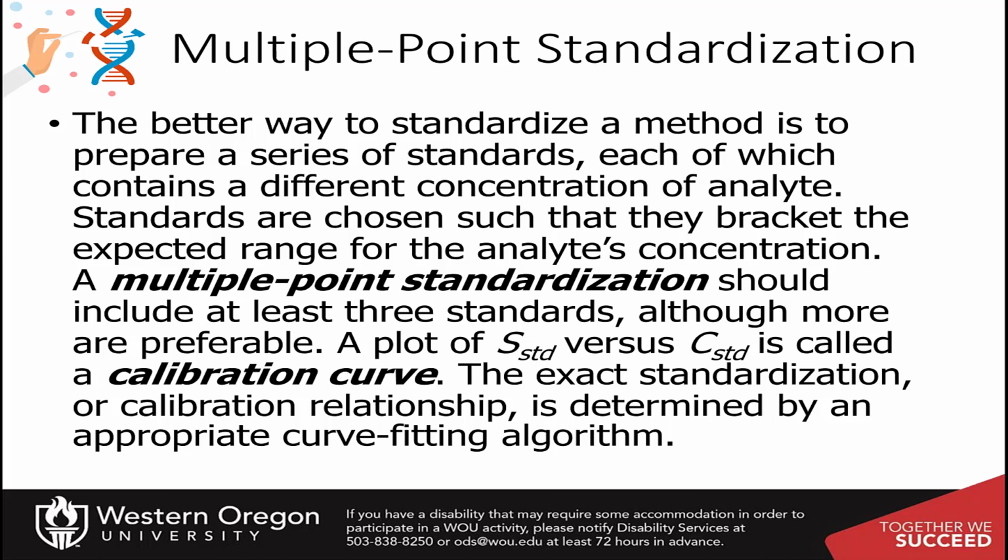So a multiple point standardization should include at least 3 standards, although more are preferable, right? You need 3 points to at least get a line, but 3 is not great. You probably want 5 or 6 when you're doing a proper standard at least.